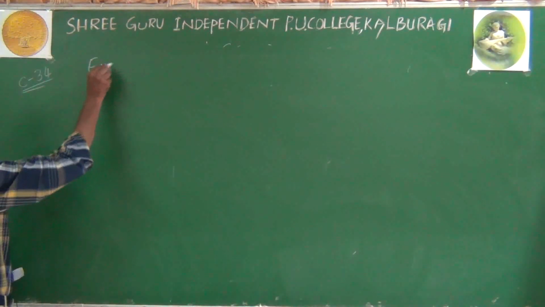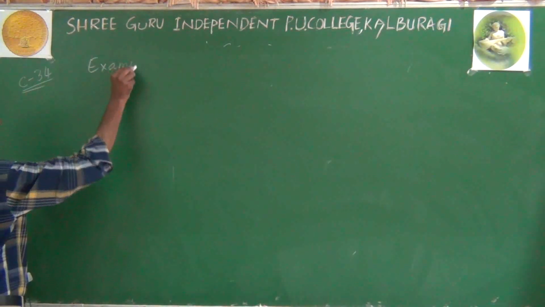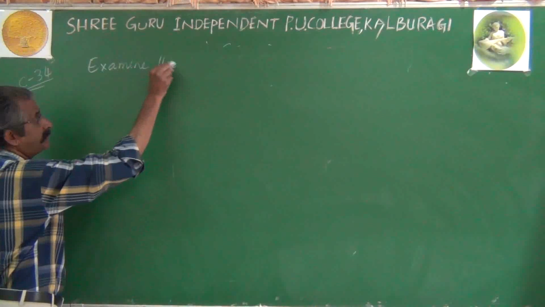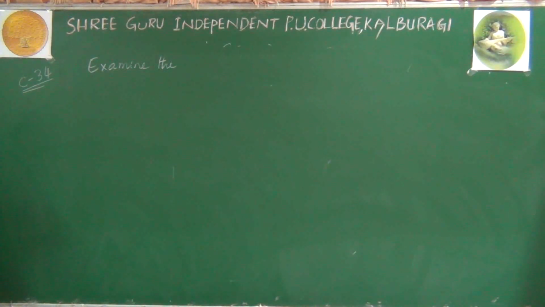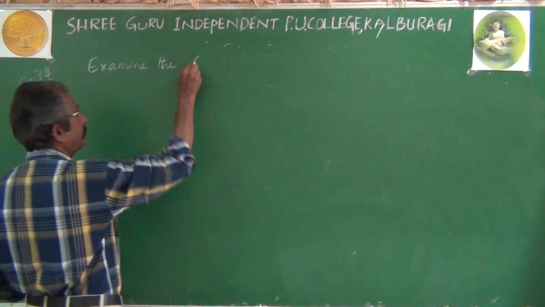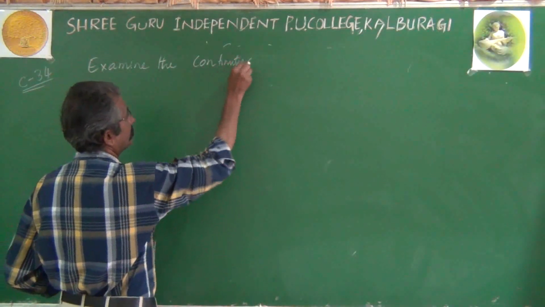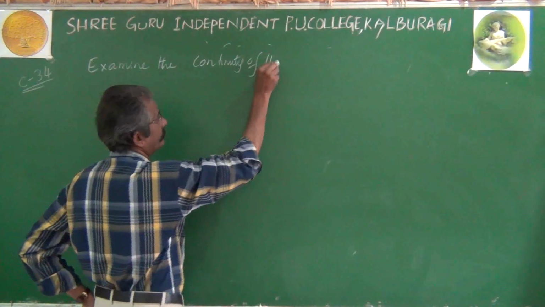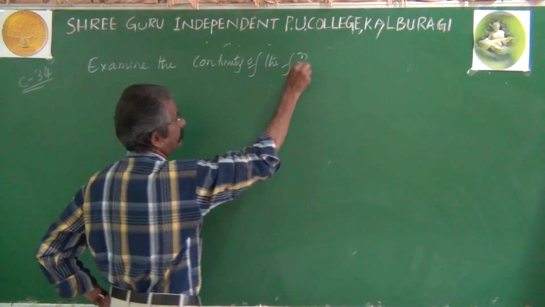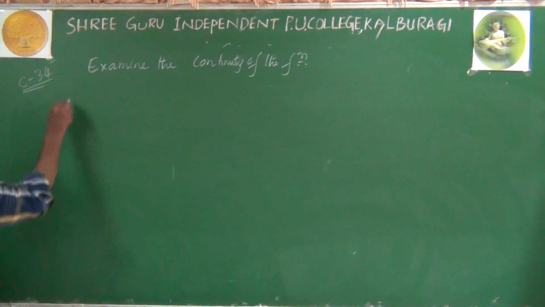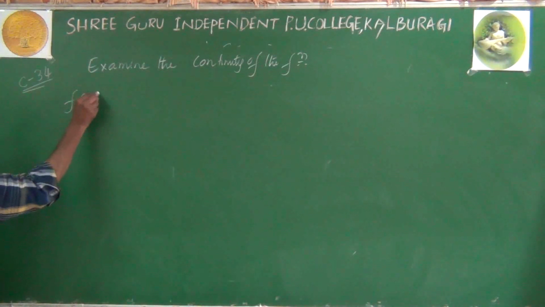Examine the continuity of function. Examine means test or determine. English wordings may be whatever, does not matter for our mathematical part. Examine the continuity of function f of x equals to.